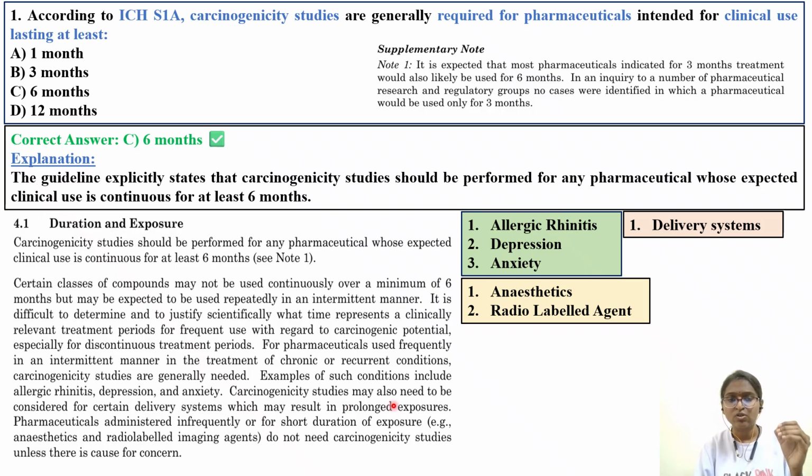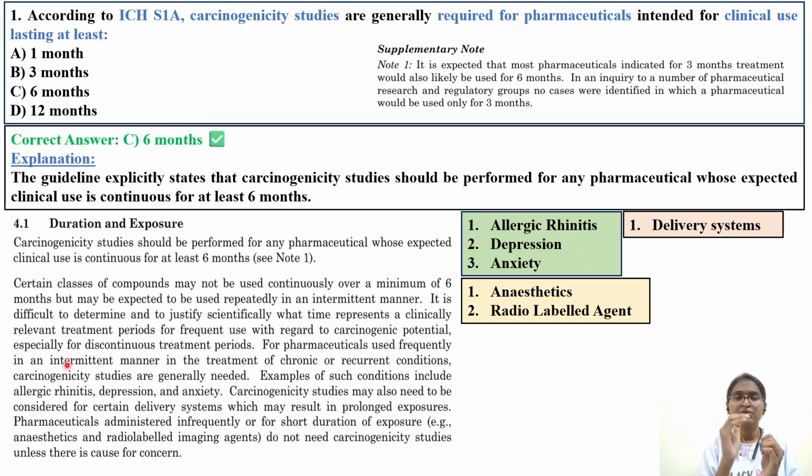Carcinogenicity studies may also need to be considered for certain delivery systems. Delivery systems means, for example, the drug is packed under a delivery system, like cyclodextrin or a certain medical device or certain implants where slow release of the drug is taking place. So there is continuous exposure in that case also.